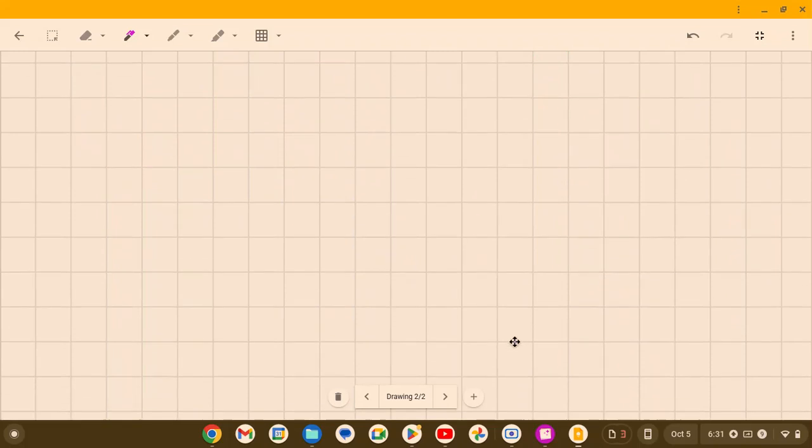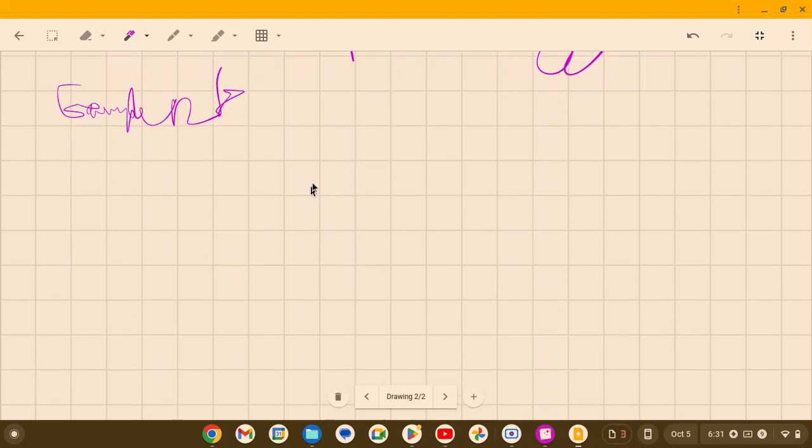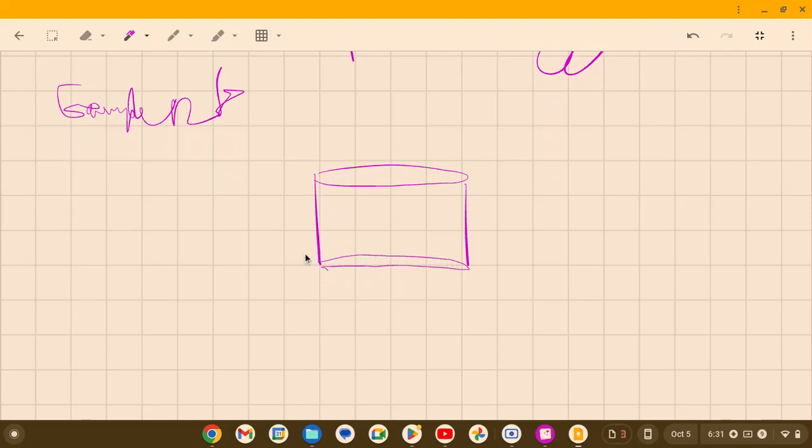Let's go down. Example 12. Oops, didn't mean to do that. So, cylinder. Not a very good cylinder, but the idea is you have a circle.